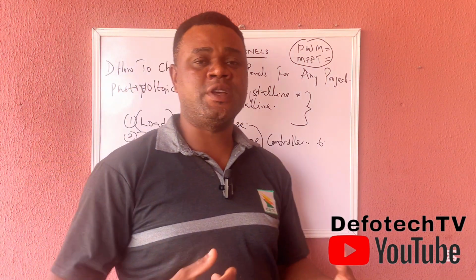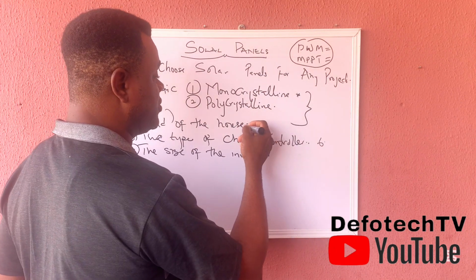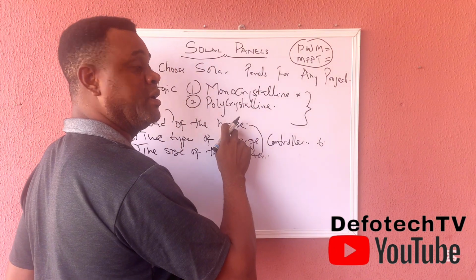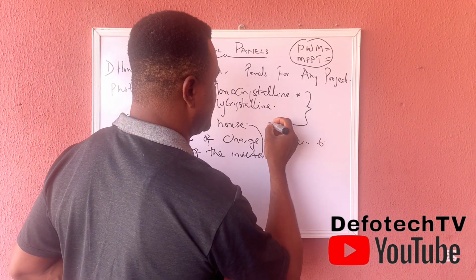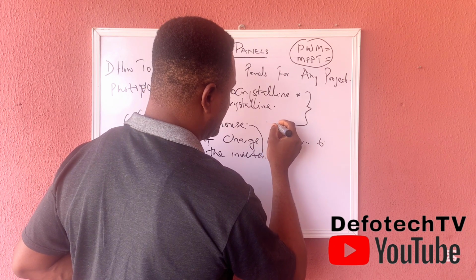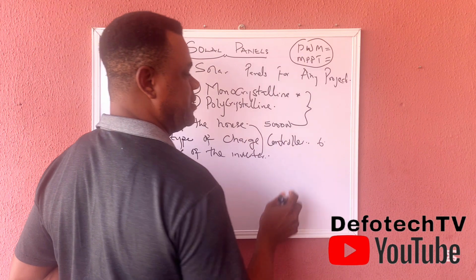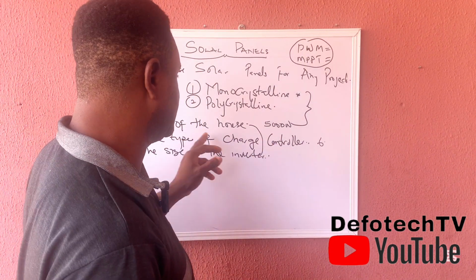Take for example, by the time the load of the house has been calculated, let's say you check the size of the load. Maybe you have a total of 5,000 watts as the total load in this house, right?